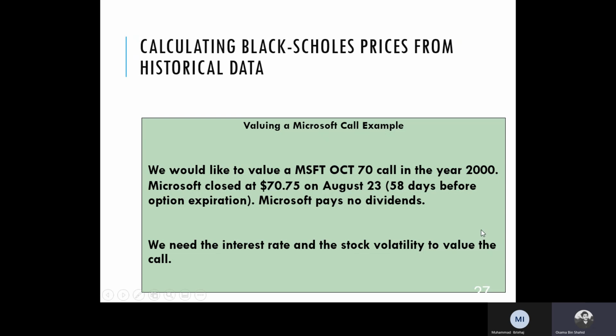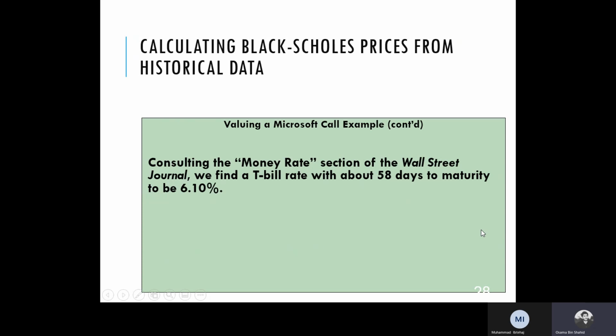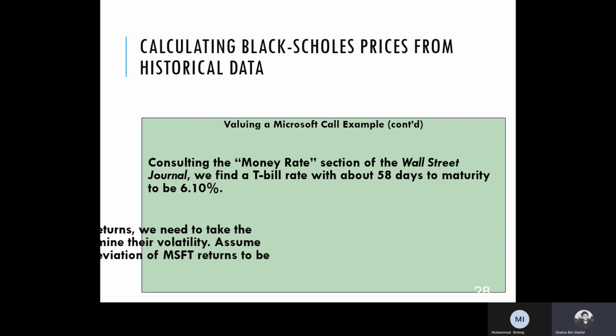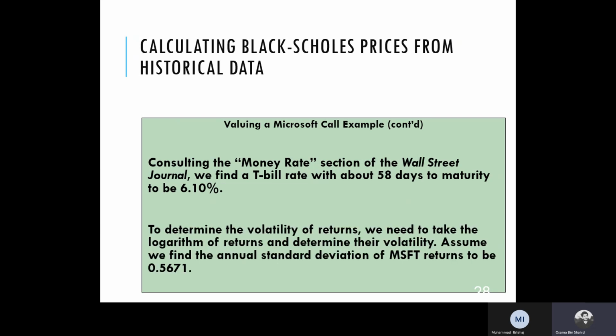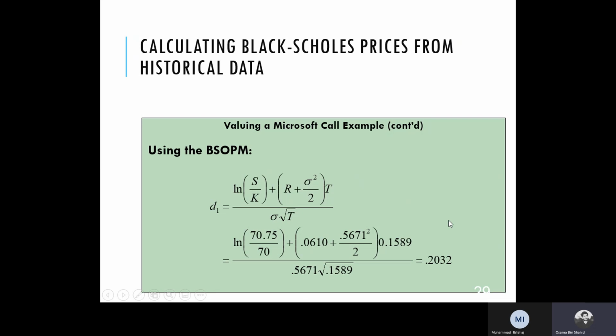Maturity time is 58 days. The T-bill rate is 6.1 percent, which is 0.061, and its standard deviation is 0.5671. So sigma is 0.5671.